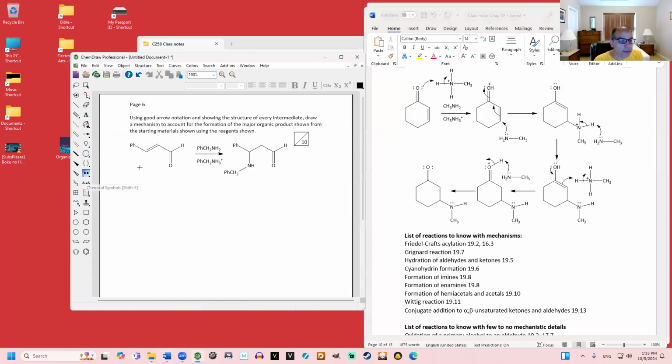First step is going again to be protonation of that carbonyl oxygen. The way we know that is because we're in acidic solution, and the way we know that is because we're given a cation that is not a metal cation. That tells us that we're in acidic solution. That was the case for the previous two mechanisms we looked at also.